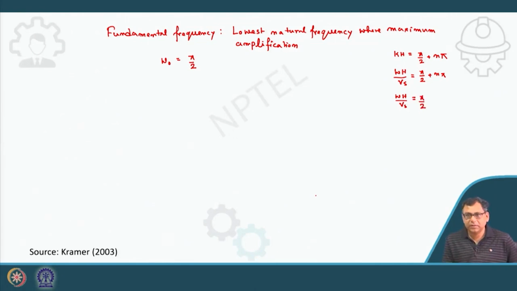That is the lowest. After that, the next one will come, but the fundamental frequency is the lowest one. So in that way, I can write that omega 0 will be equal to pi by 2 Vs by h.